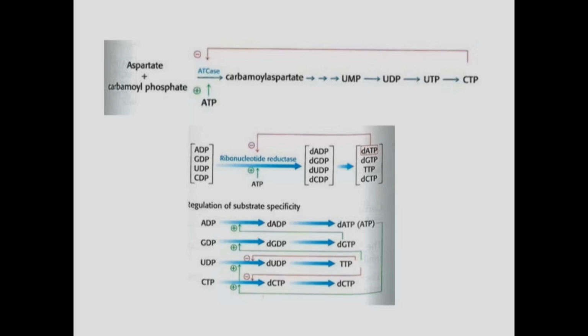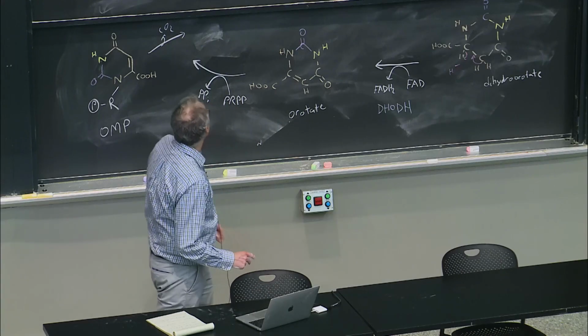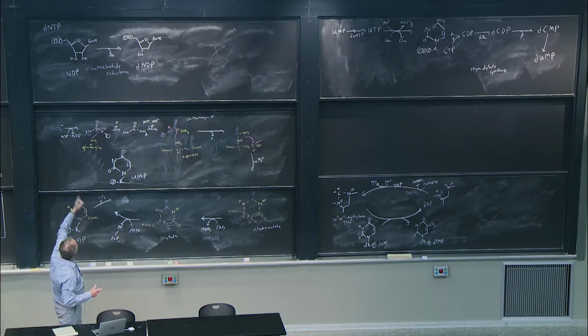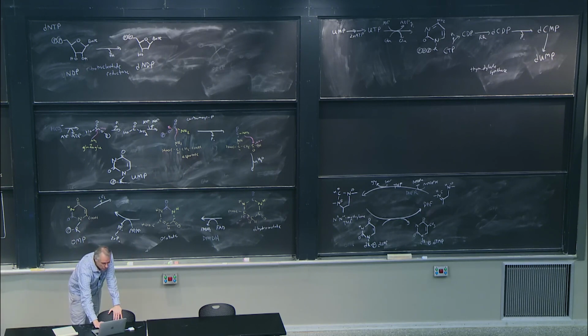dNTPs, as I said, are particularly critical because once you start replicating your DNA, you always have to have the right balance of deoxyribonucleotides. And so ribonucleotide reductase, that enzyme up there that basically balances and synthesizes your deoxyribonucleotides, has incredibly complex feedback mechanisms that one could spend a whole lecture talking about.